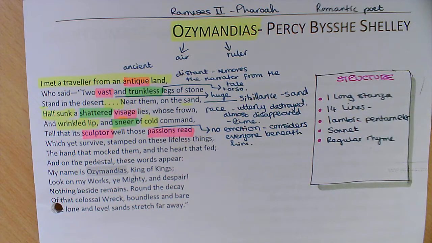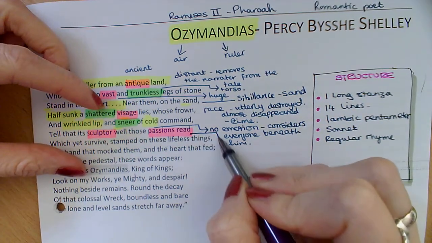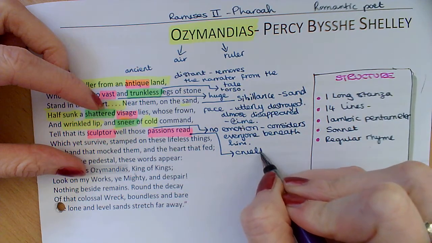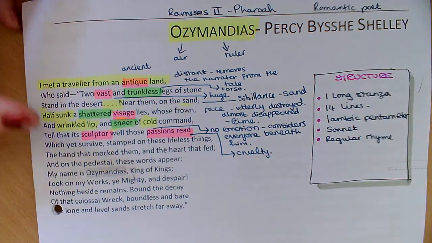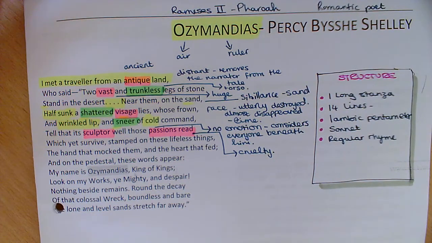Okay? So, the sculptor, the artist, could read on his face when he was sculpting him how cruel he was. Almost to the fact that he enjoyed being cruel. So the sculptor could read basically how horrible he was.